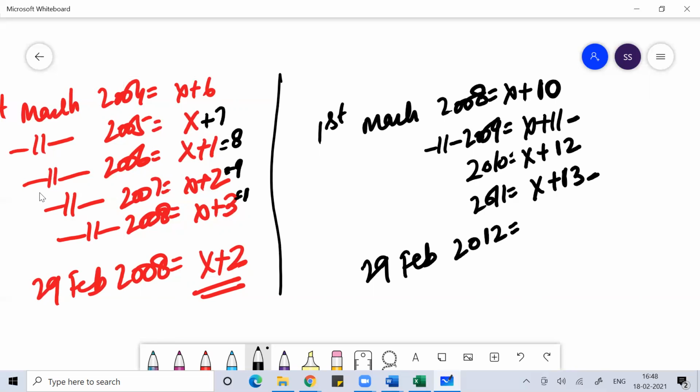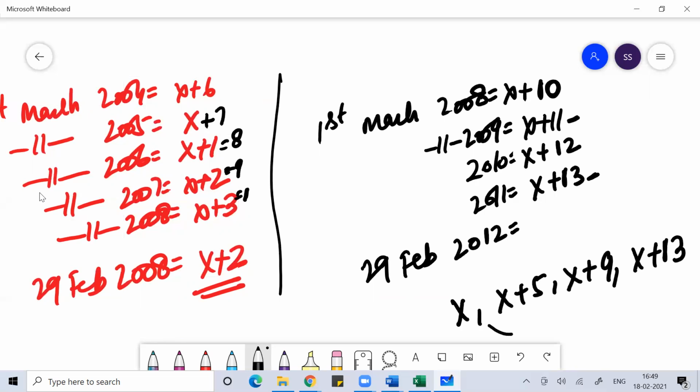So first it was x, then x plus 5, then x plus 9, and now it is x plus 13.